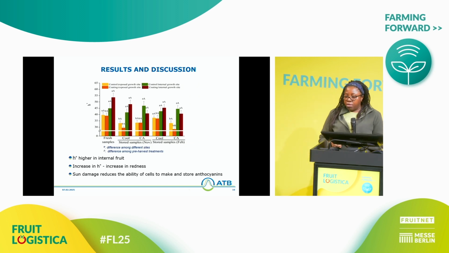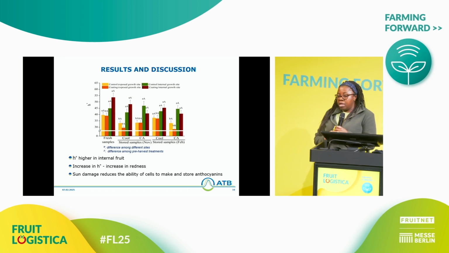The hue angle is one of the measurements for the color of the fruit. For this study, the hue value was high in internal fruit.